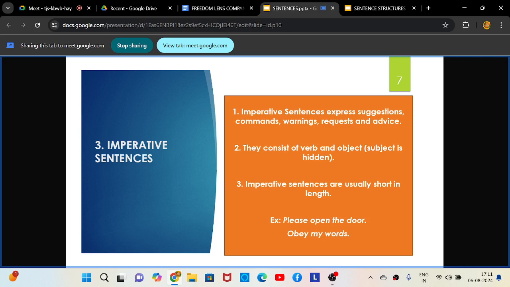Mind your tongue means mind your words, because it is with the help of our tongue that we speak. Or sit quietly, maintain silence, be quiet, take care, have a nice day. All these are imperative sentences, and all are very short. This is all about imperative sentences.